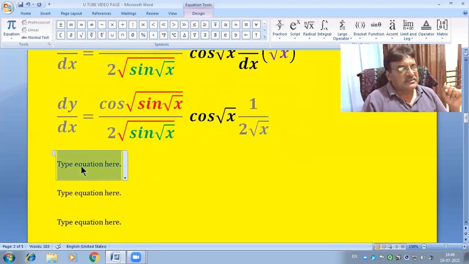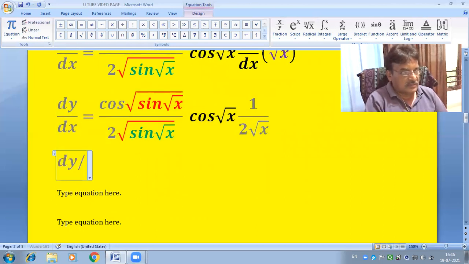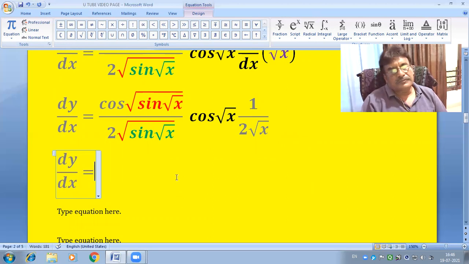Again, this can be written as dy/dx is equal to, here 1 by 2 into 1 by 2, 1 by 4.